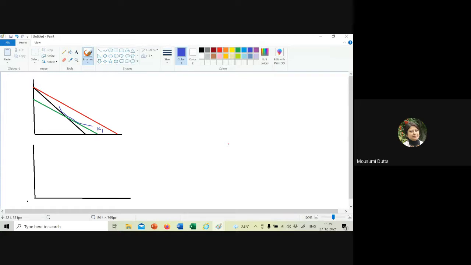Drawing a budget line parallel to Hicks and the final budget line, however passing through this point of tangency. And consumer is moving.